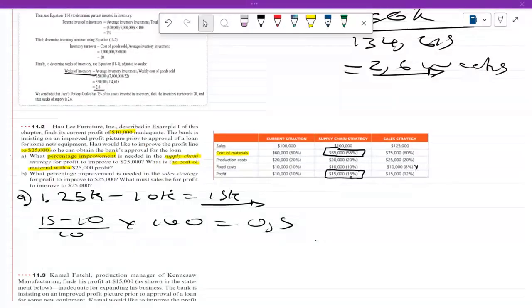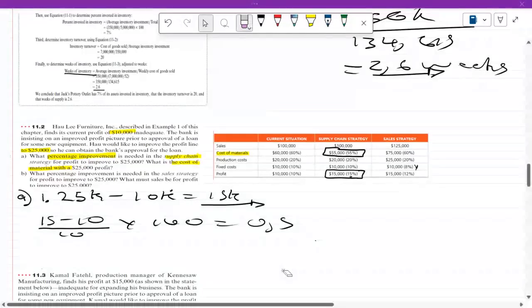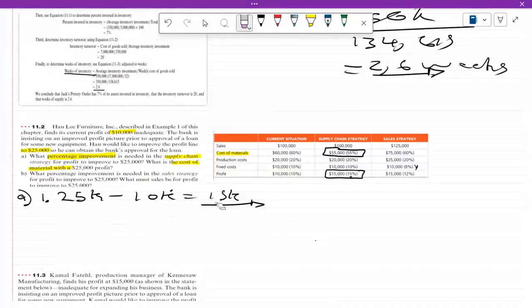Okay, the 15,000, we are not dividing it like this because it's a cost. We are actually dividing with, because we want to take the 15,000 on the cost of material. So we're going to say 15,000 over 60,000 and then multiply by 100.